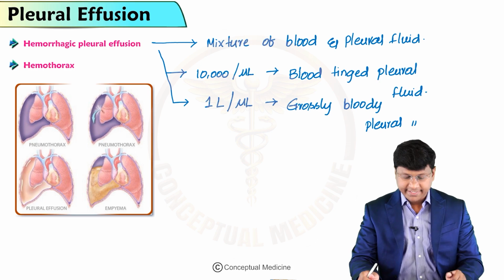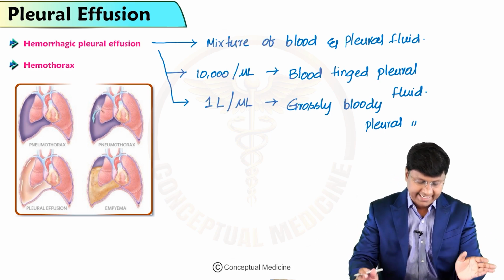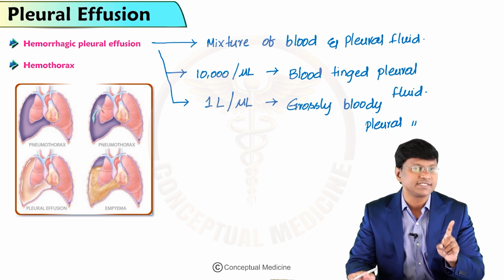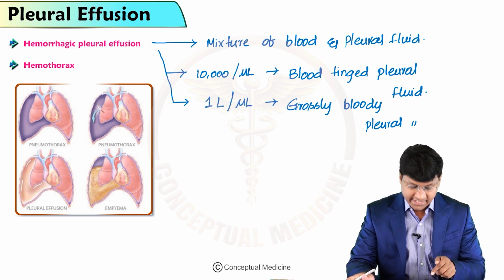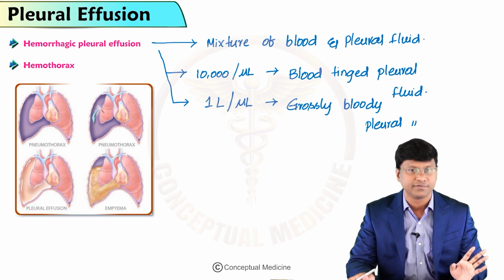That is what is called the hemorrhagic pleural effusion. If it is 10,000 cells per microliter, it gives you a blood tinged pleural fluid. If it is around 1 lakh per microliter, that will give you a grossly bloody pleural fluid.